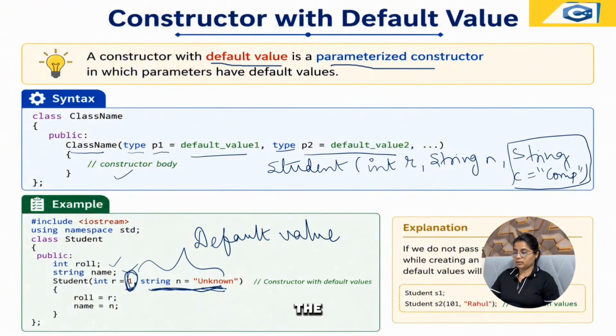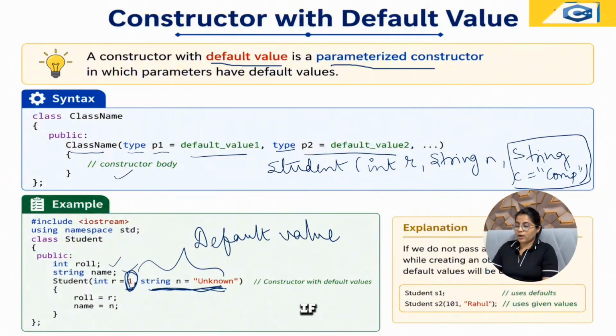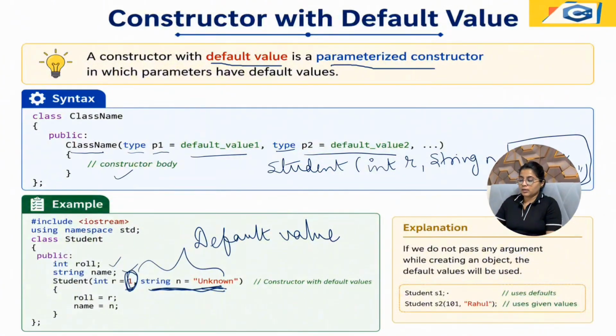Now the point to remember here is if I am passing values, the default value will get overridden, right? Means r equal to 1, n equal to unknown.